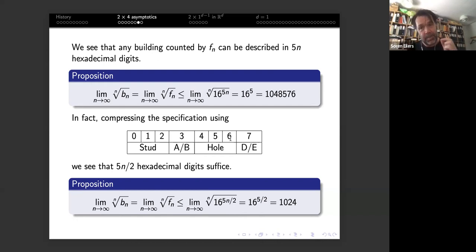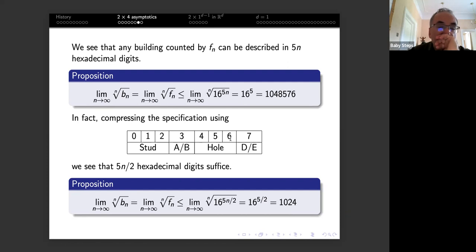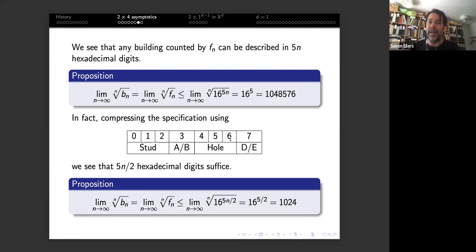So what I've shown you thus far is that the rate of growth is at least 46, because that's what you get by just counting the towers, and it's at most 1024. So now I know it's not infinity, it's a number in that interval, right? But of course, I've given you a really terrible estimate of this number. It's like saying that my best friend is somewhere between 10 centimeters and 5 meters high or something, which is true, but not very useful.